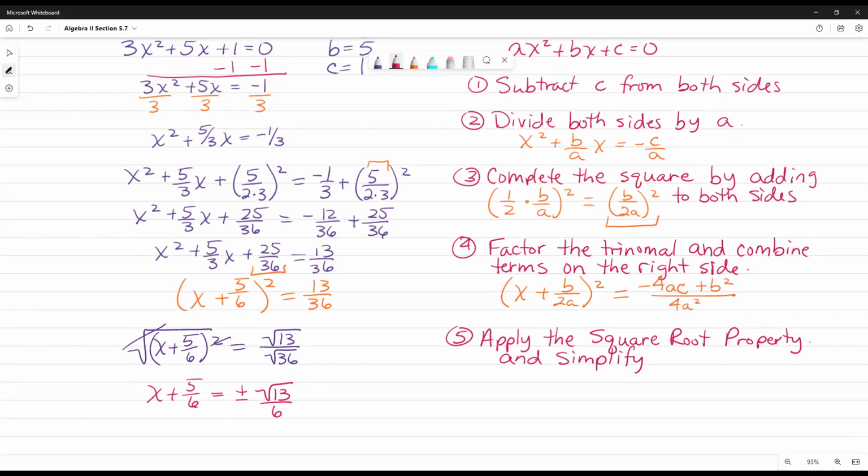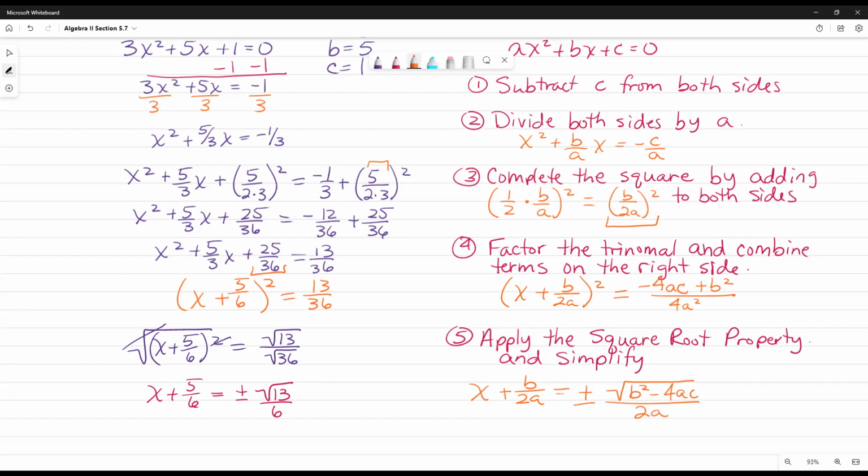So at this point, you've got x plus b over 2a, so that's 5 over 2 times 3, which is 5 over 6, equals plus or minus the square root of b squared minus 4ac over 2 times a.